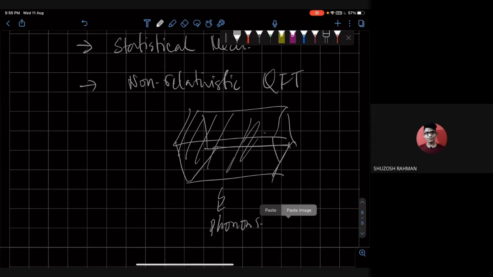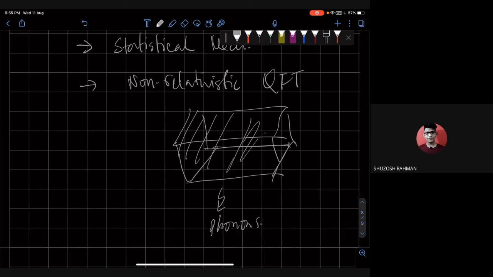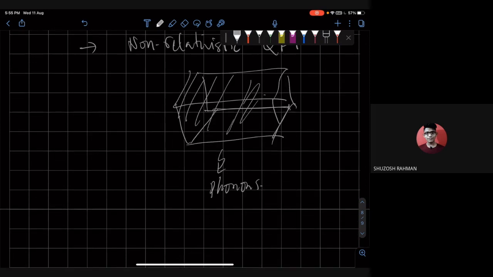And phonons act like pseudoparticles. Those phonons, and the interaction of phonons in a continuous system, can be described by non-relativistic quantum field theory, for example. Okay, that's a very qualitative answer to a qualitative question.